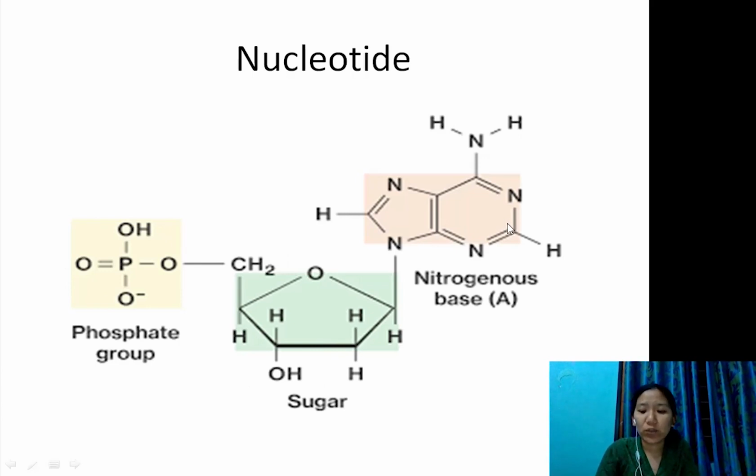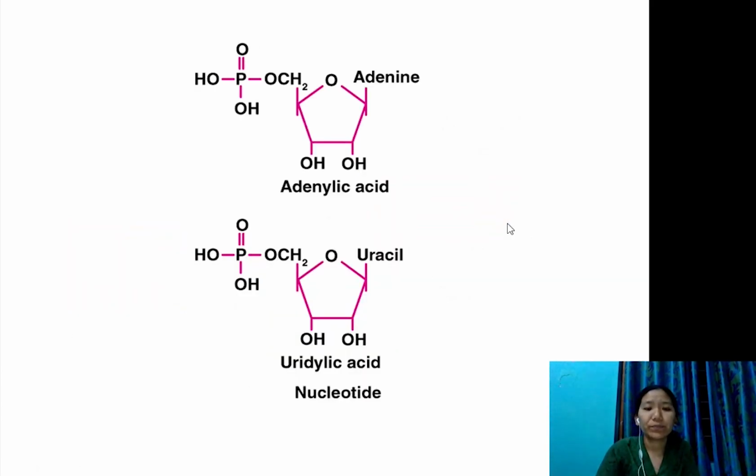So let us look at one more example here. As discussed earlier, adenine, sugar, and phosphate group give us a nucleotide, and the name of the nucleotide here is adenylic acid. Likewise, uracil, sugar, and phosphate group will give us uridylic acid.